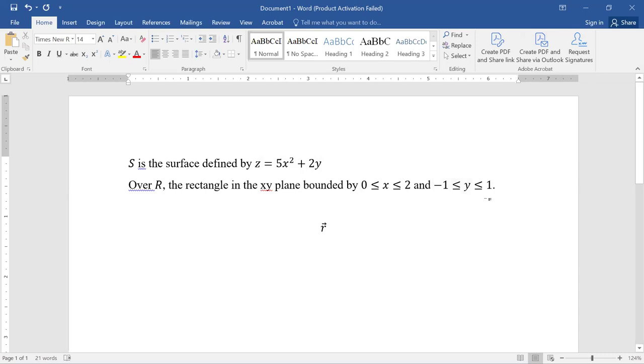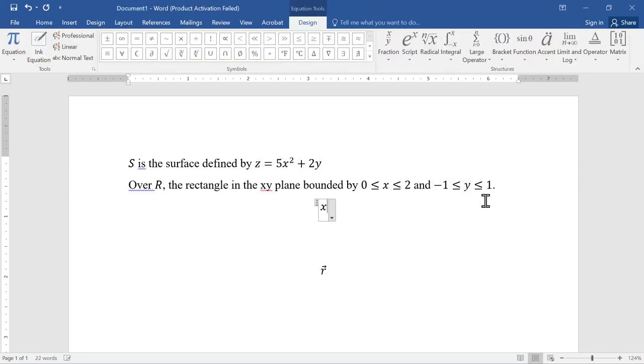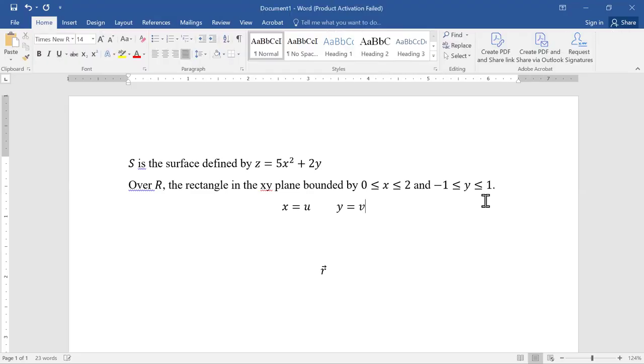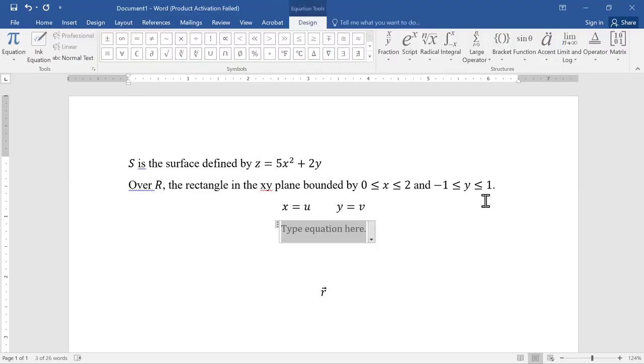So all I have to do in this case is let x be my variable u and y be my variable v. And then notice that since x is between 0 and 2, that means that u is going to be also between 0 and 2.